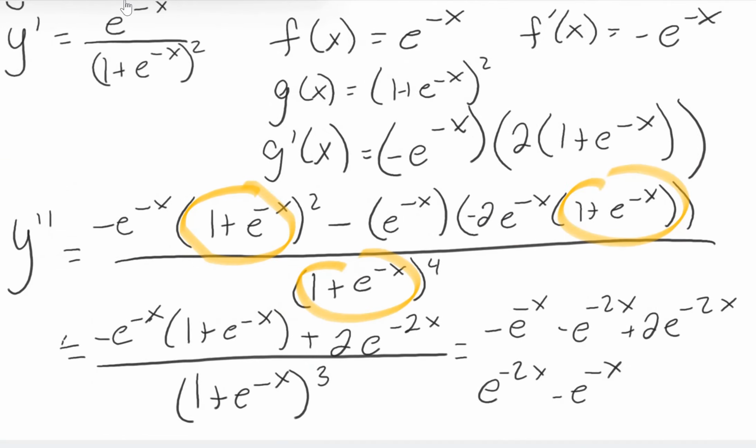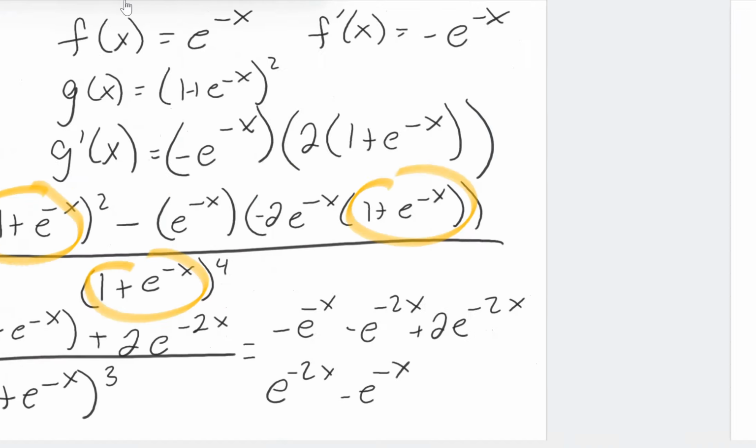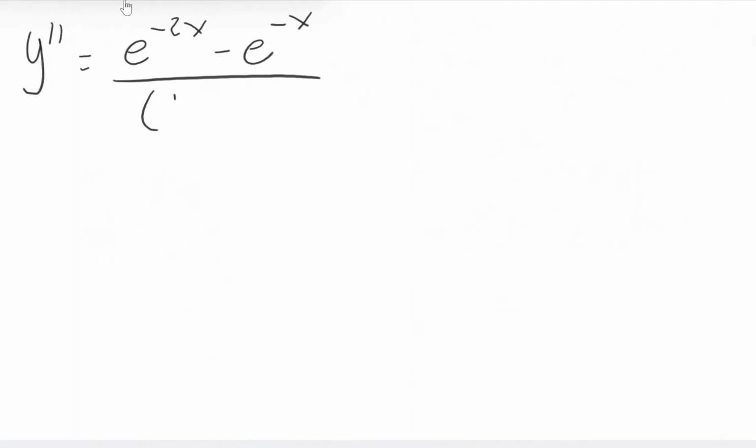So we can simplify this down. I have e to the negative 2x minus e to the negative x all over, what was it, 1 plus e to the negative x squared.